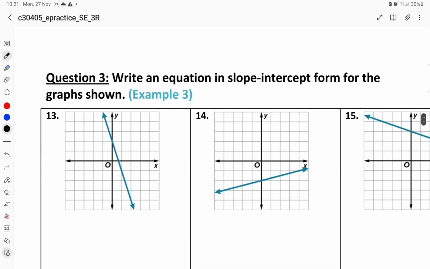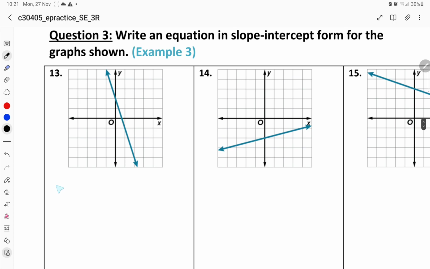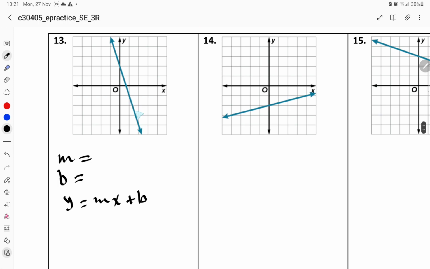Question 3. Write an equation in slope-intercept form from the graphs shown. I need the slope, I need the y-intercept to put it in the equation. Y equals mx plus b. Again, let's pick any 2 clear points. For example, this is a clear point.